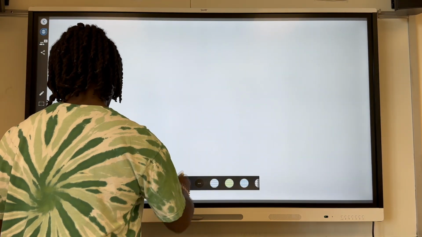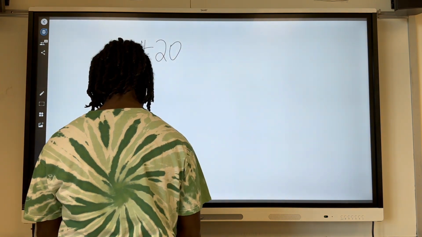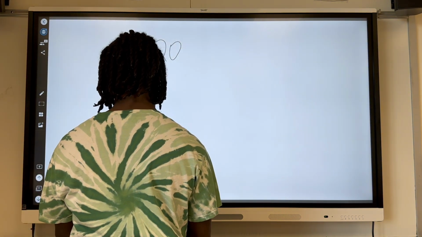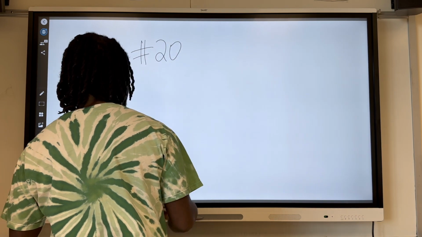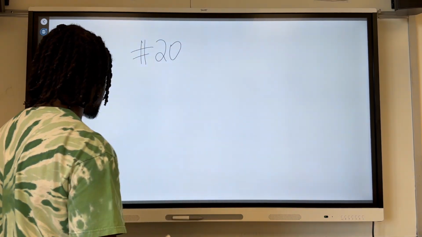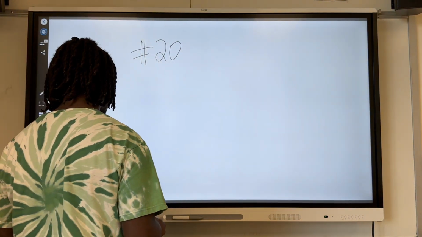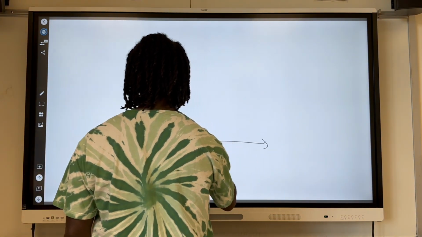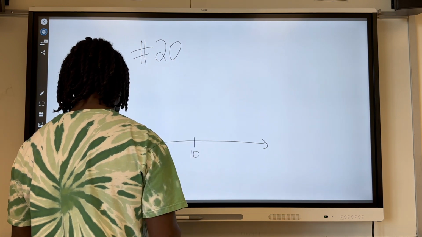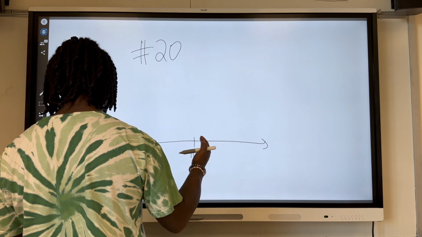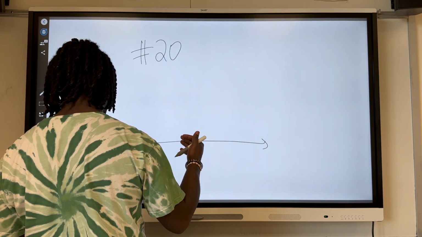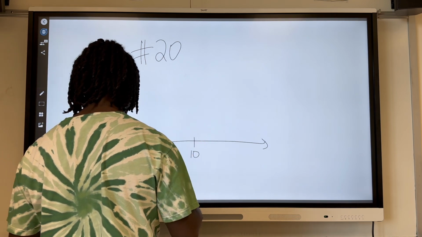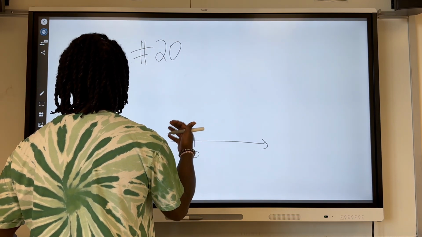All right, question number 20. Again, this one's a little harder for me to do here, but you have this box plot, and you have these players, and you're trying to see which player most likely scored more than 10 points or had the most games.